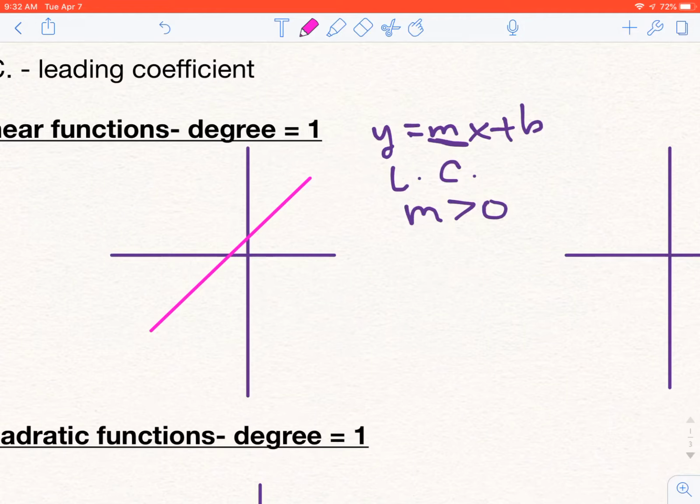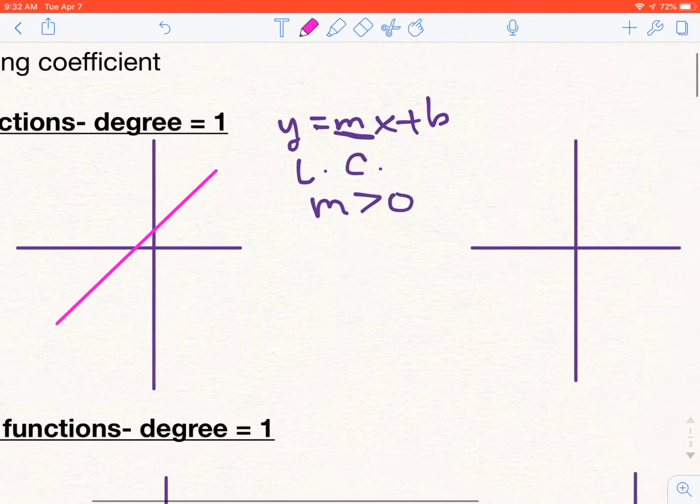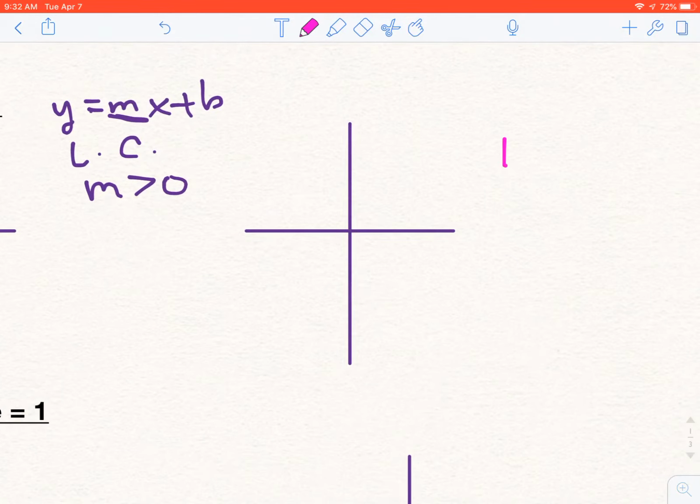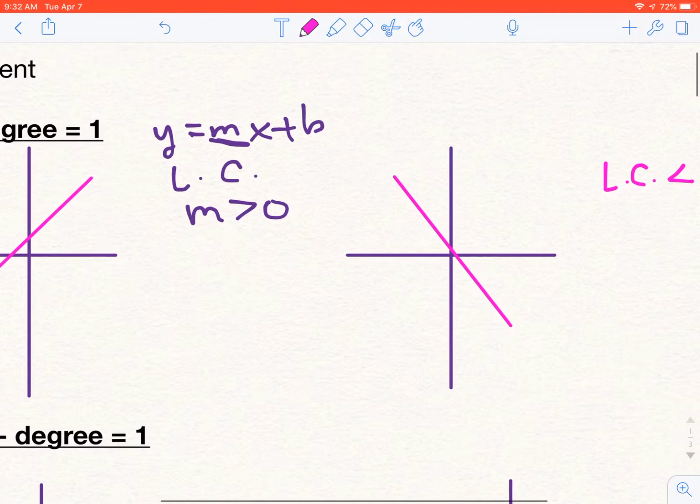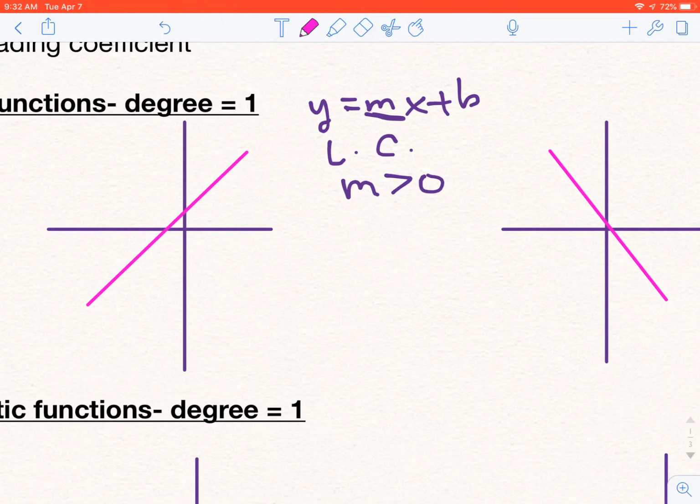Doesn't matter where it is, we just know that that's a positive slope. And over here, when our leading coefficient is negative, we have a slope that goes like this. Our line goes like that. So top left to bottom right for the negative, and bottom left to top right for the positive. And that's important to keep in mind.